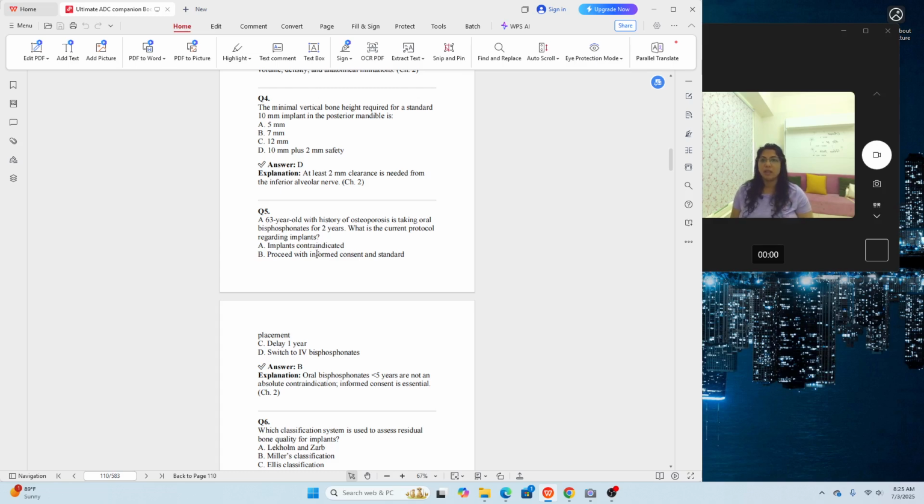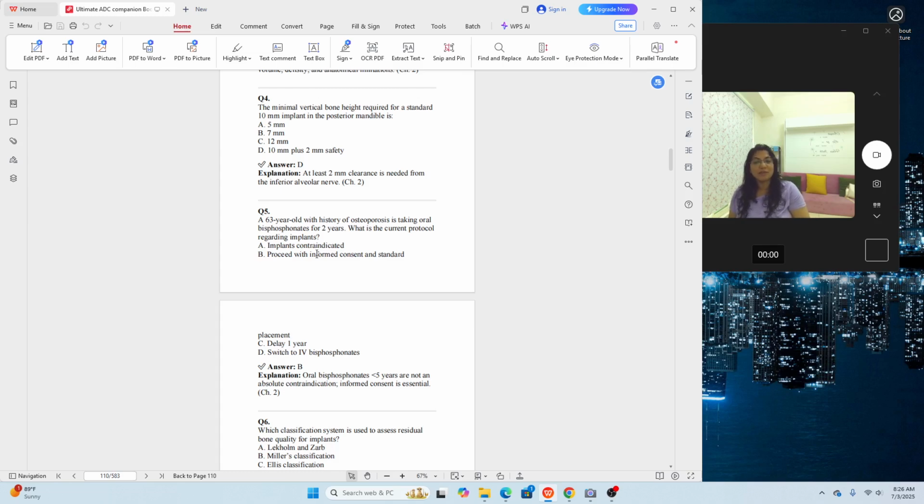So what is the current protocol regarding implants? The answer is proceed with informed consent and standard placement. Implants are contraindicated is not right. You can give implants. Yes, there is a risk factor, but you can give implants. Delay by 1 year. Why? The patient may just keep taking oral bisphosphonate therapy for the rest of their life, so what are you going to achieve by delaying the treatment?